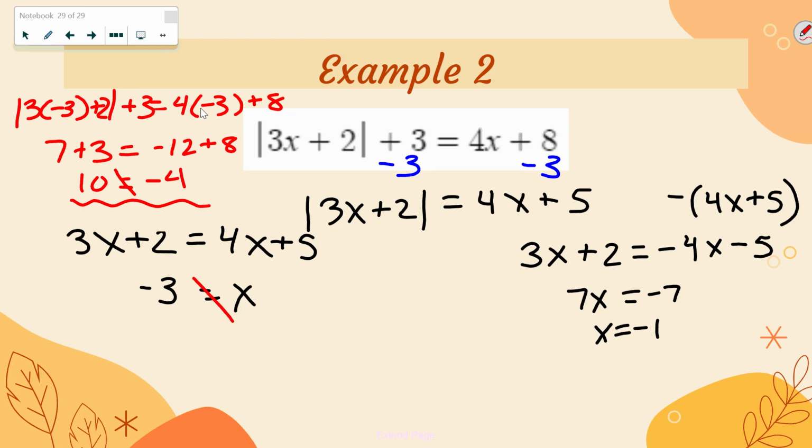It does not equal. This is an extraneous solution, meaning you solved for it, you found it to be a solution, but when you plug it back in to check, it does not work. So why this happened here is if you think graphically what's going on.